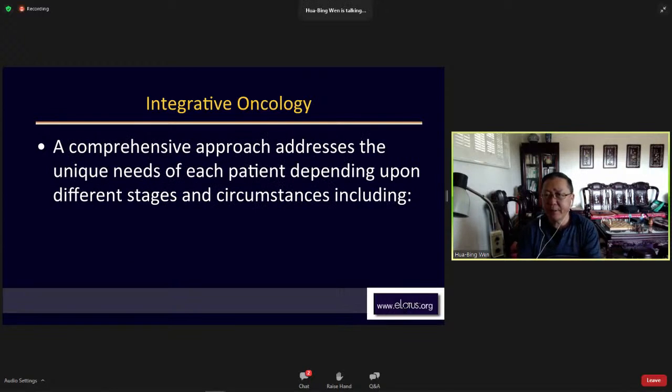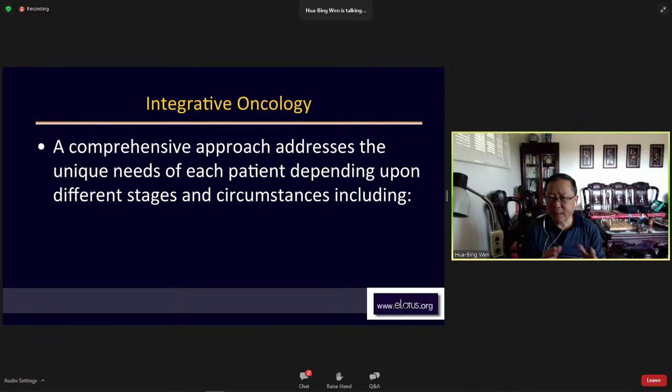Integrated oncology is a more comprehensive approach. You can get a unique combination: one area missing from the conventional medicine perspective, we can make up from the TCM perspective.